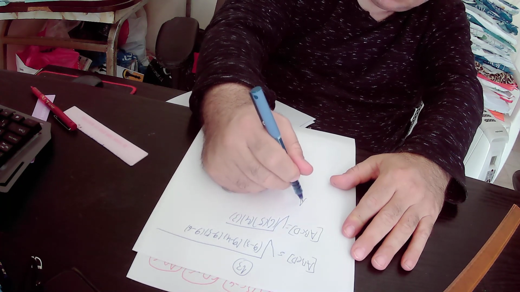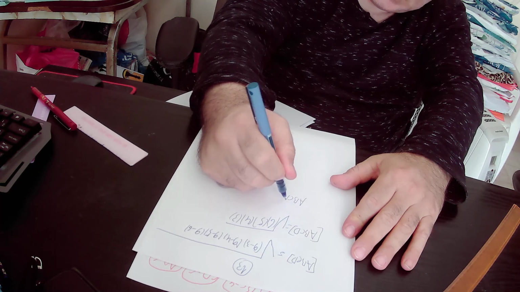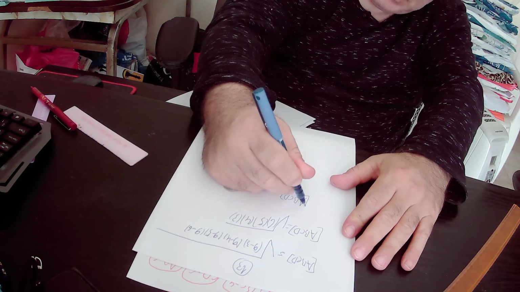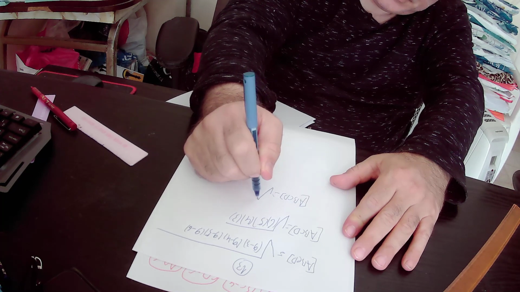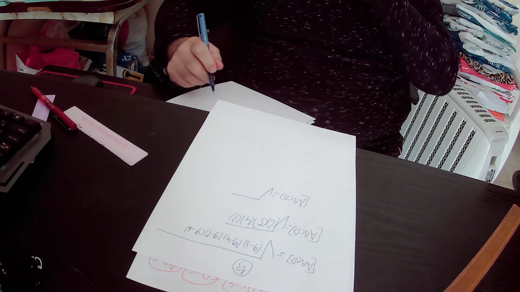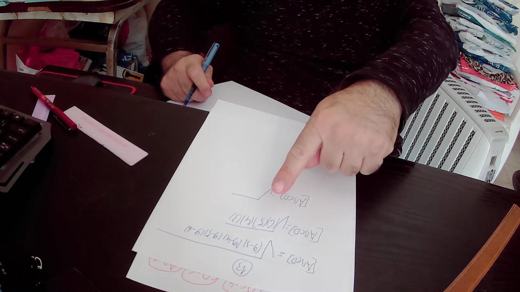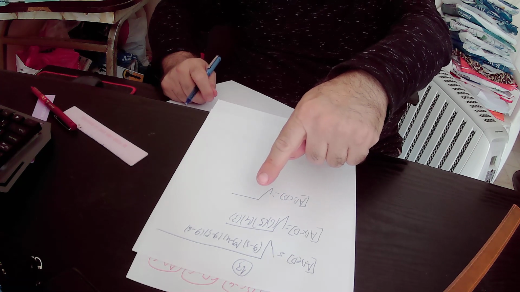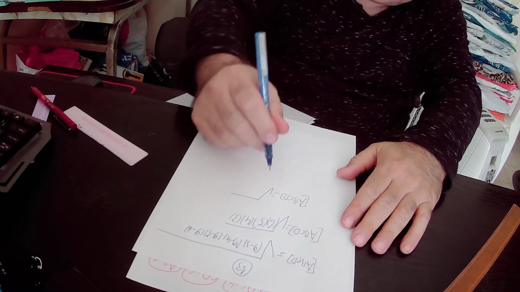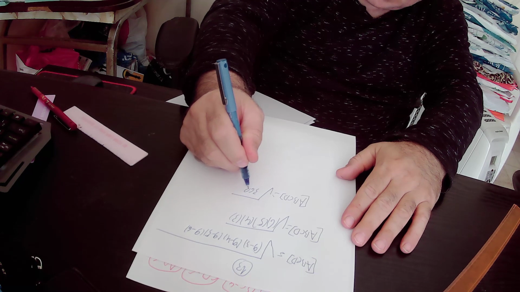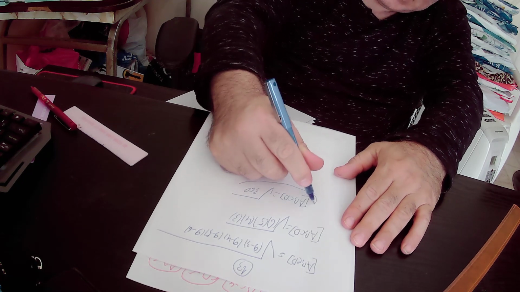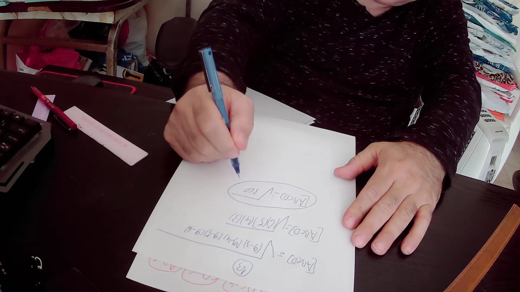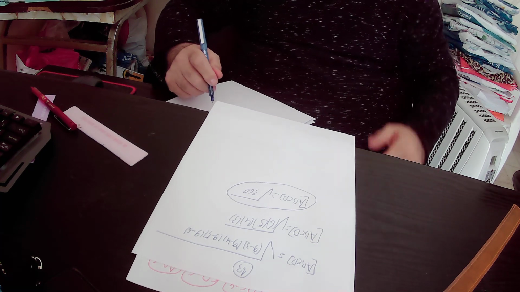So the area of quadrilateral ABCD will be equal to the root of 6 times 5 is 30, 30 times 4 is 120, 120 times 3 is 360. So we found out that the area of quadrilateral ABCD equals the root of 360 square units.